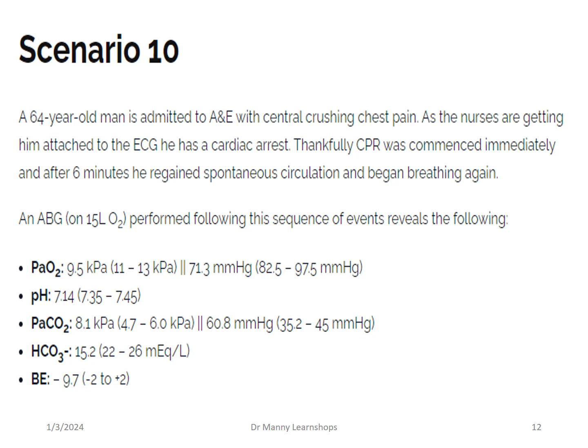An arterial blood gas which was performed on 15 litres of oxygen via a partial rebreather mask reveals the following. Despite the 15 litres, he's still hypoxic because the PaO2 is less than 80.